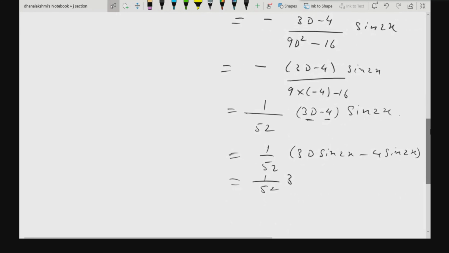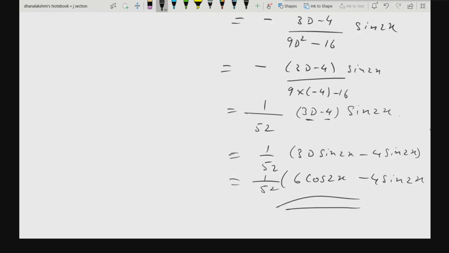Differentiate. Yes, you have to differentiate this one. If it is D square, you would have differentiated two times, but only D is there, so you will differentiate it one time. So you will get cos 2x into 2. That means this term will become 6 cos 2x minus 4 sine 2x. So this will be your particular integral.